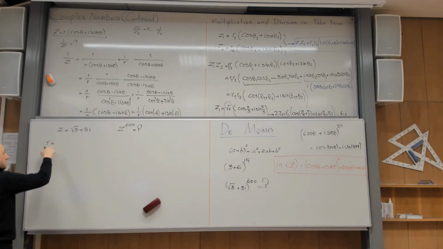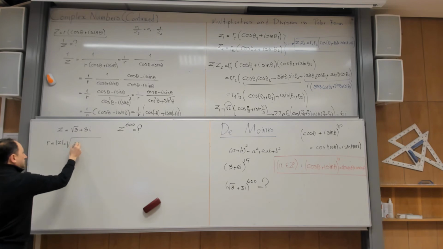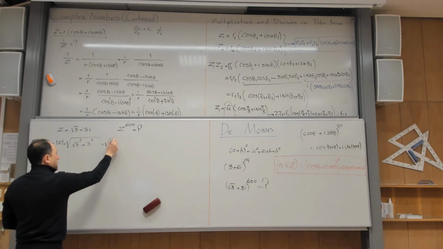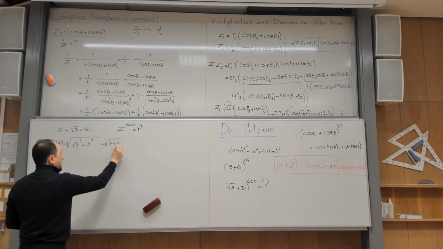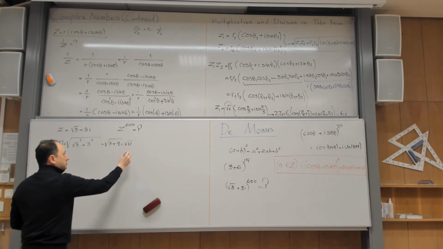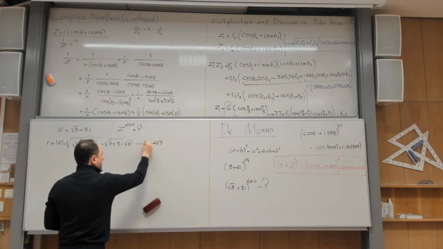One of them is the absolute value, which is the square root of the real part squared plus the imaginary part squared. So this becomes square root of 3 plus 9, square root of 12, but it can be 4 times 3, square root of 4 is 2, so r becomes 2 square root of 3, yes?